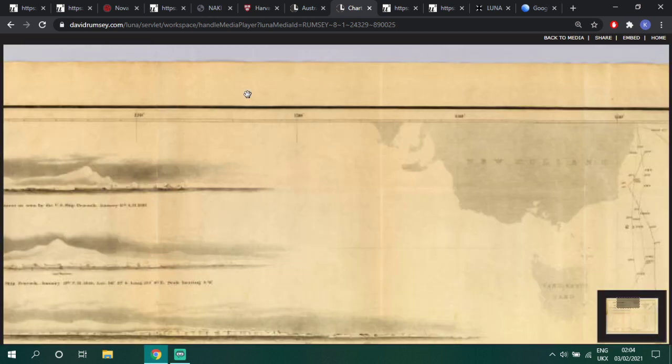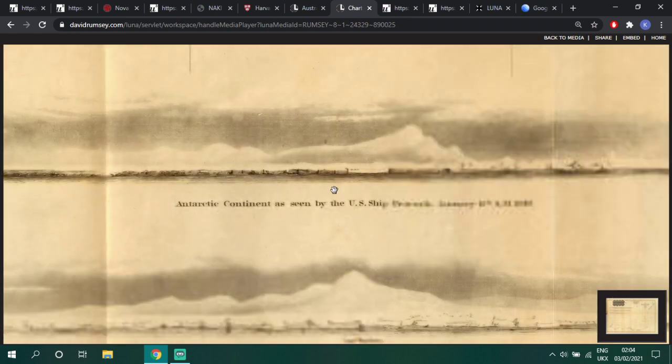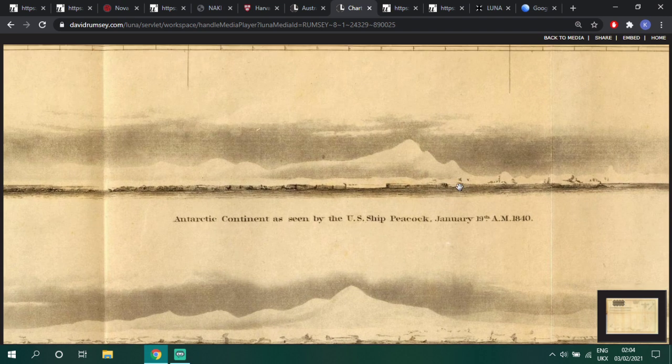But we're going to look at some photographs or drawings, as they might be, of the ice walls, right? From 1840, pictures or drawings. You decide.